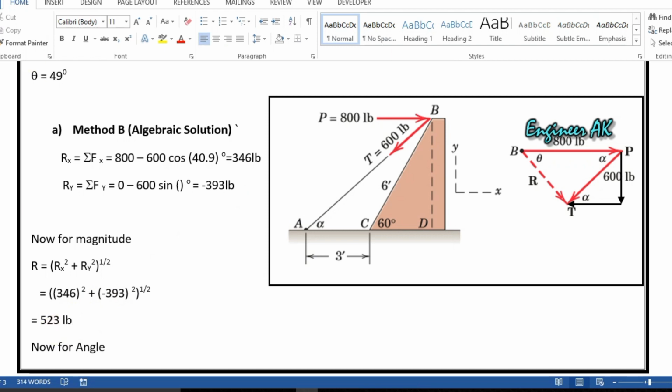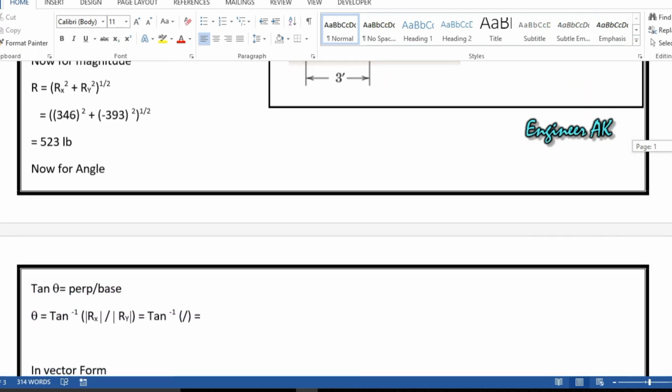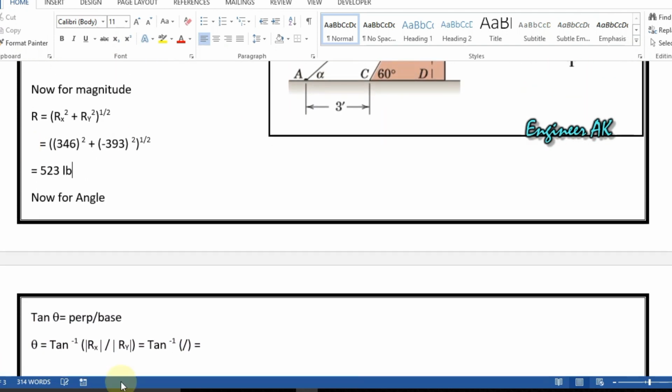And if I want to find the angle, for that we will just take tan, and here it is y over x. Plugging in the values, y was minus 393 but I am taking the modulus, so it will be 393, and Rx is 346.